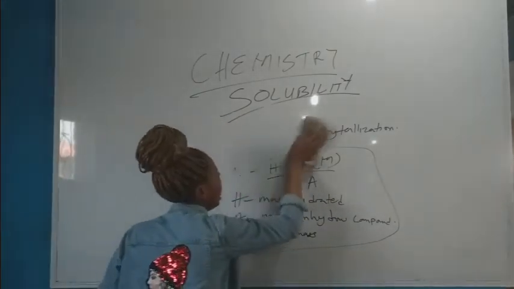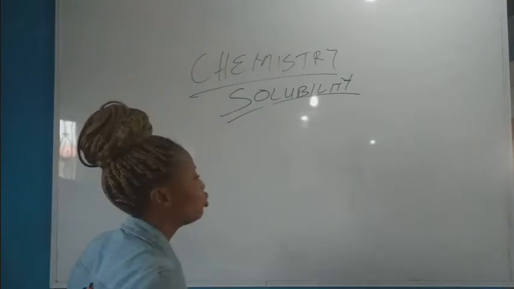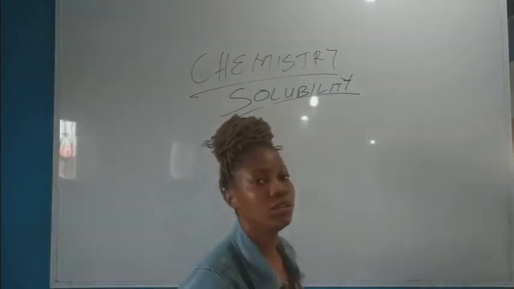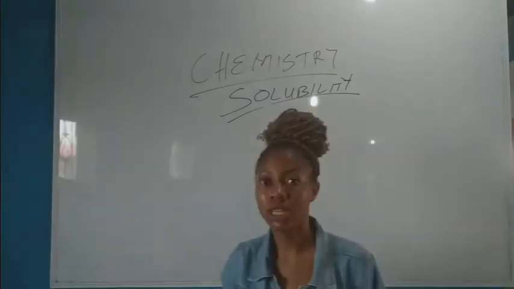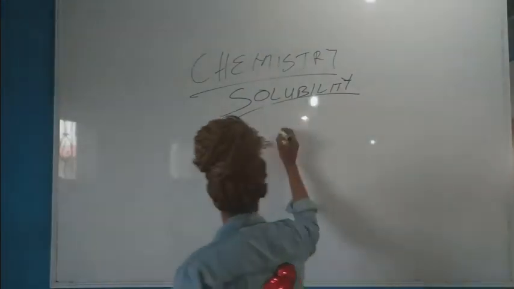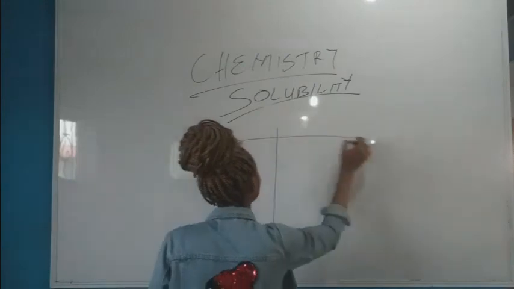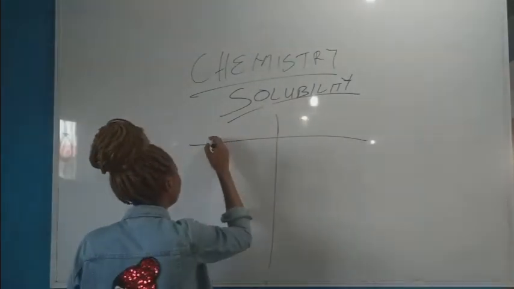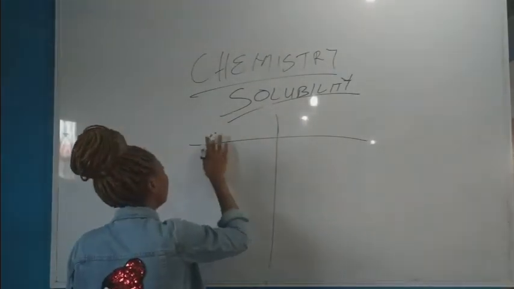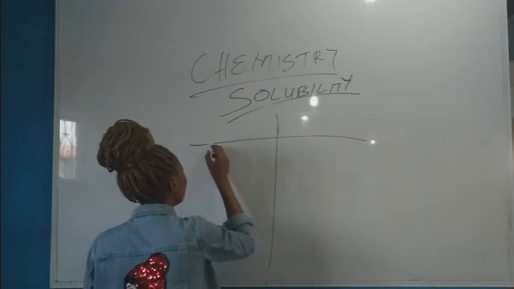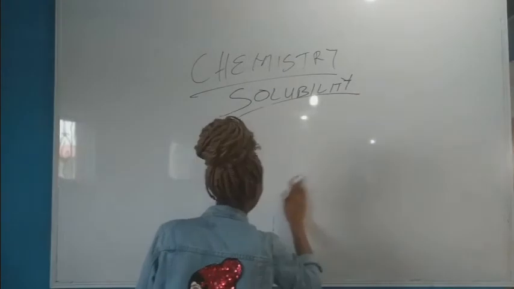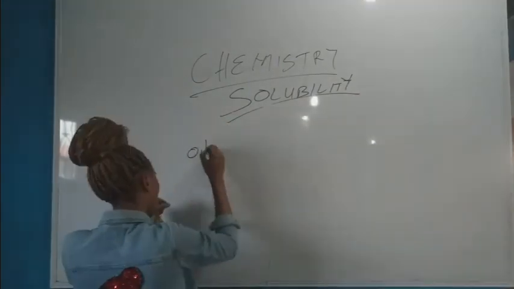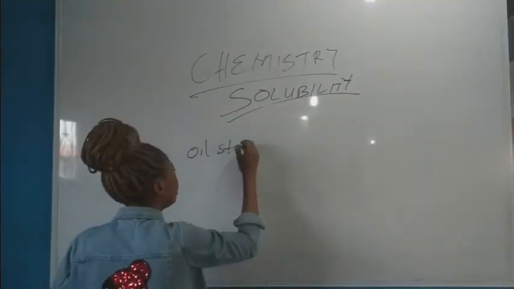So now let's move to some substances and the things that can be used to dissolve them. Here we have oil. We don't need a table actually. When you have an oil stain on your cloth, what can dissolve the oil stain?